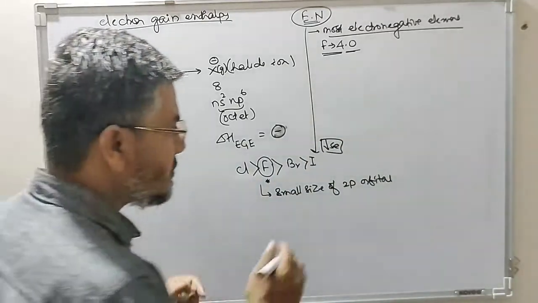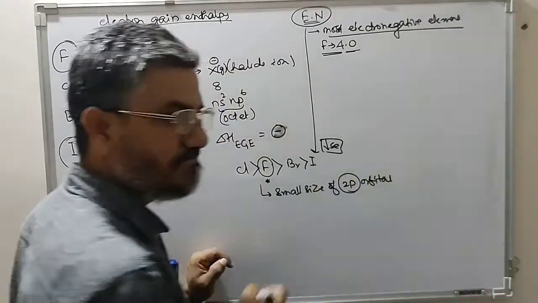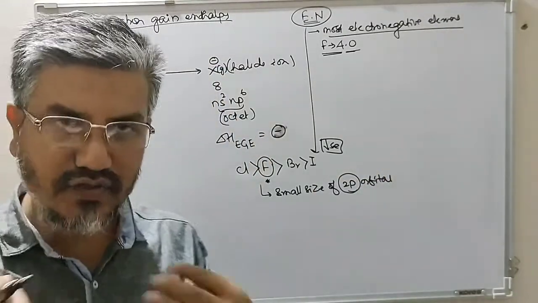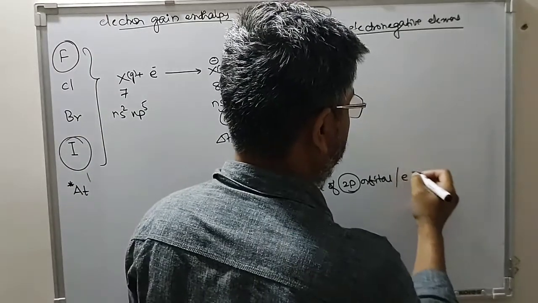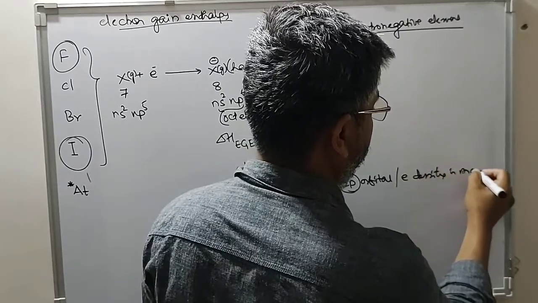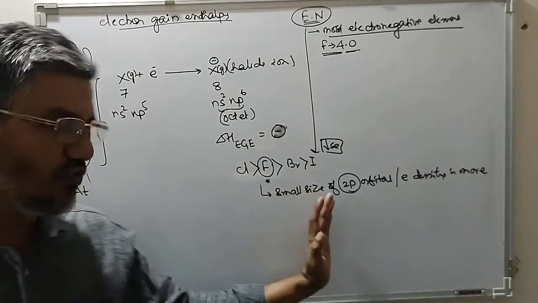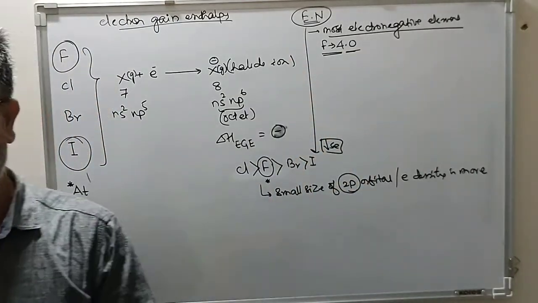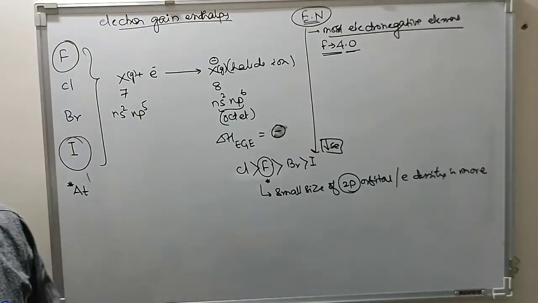Due to this small size of the 2p orbital, already we have 5 electrons, so electron density is more.